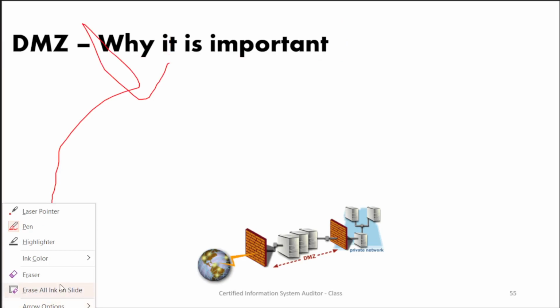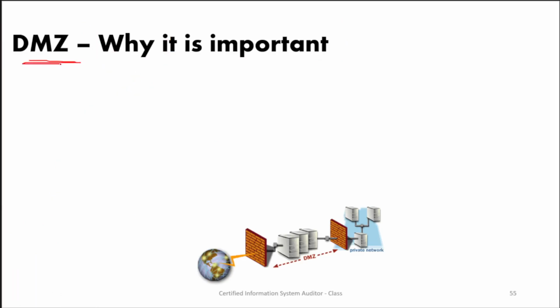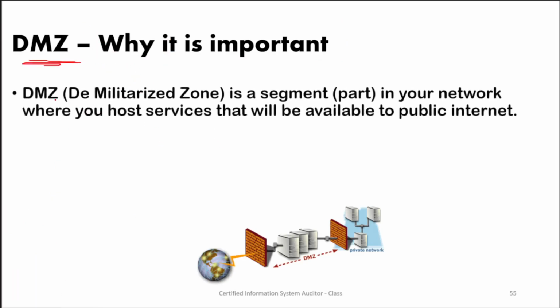DMZ is an area in the network where we place our servers that will be published to the internet. The reason we implement a DMZ is to reduce the exposure. And I believe we answered a similar question. The DMZ is usually placed between two firewalls. Why do we need two firewalls?